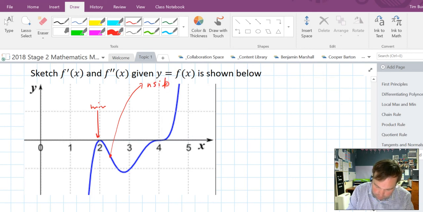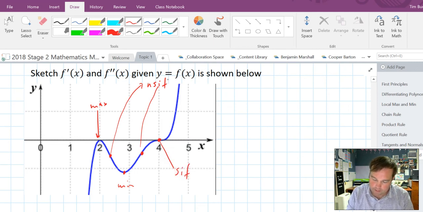Did I say minimum? I meant maximum. Clearly that's a maximum. Here is the minimum. At some point here, there is another non-stationary inflection point. And at some point here, there is a stationary inflection point.